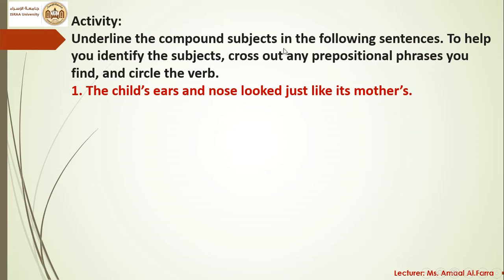Underline the compound subjects in the following sentences. To help you identify the subjects, cross out any prepositional phrases you find and circle the verb. Look at this. The child's ears and nose looked just like its mother's. First of all, you are going to cross out the prepositional phrases, okay? Then you are going to circle the verb.